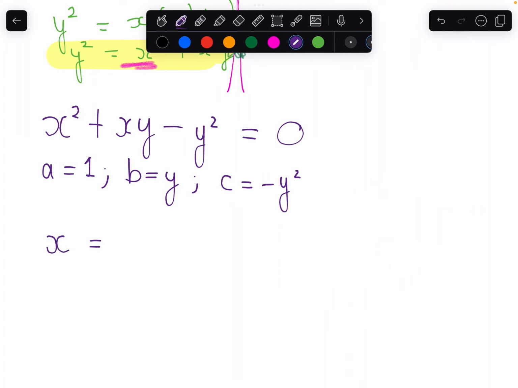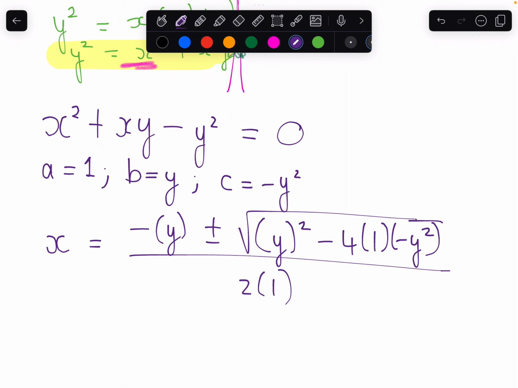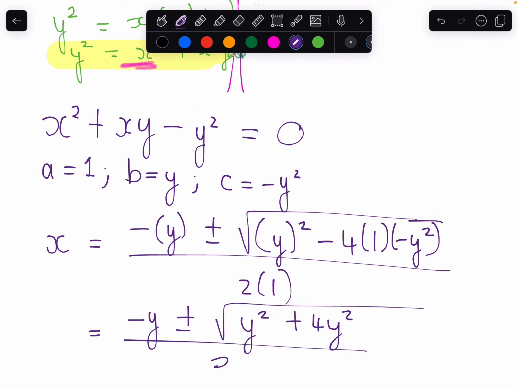Very decent. So we've got negative y plus or minus the square root of y squared minus 4ac, divided by 2 times 1. So that becomes minus y plus or minus the square root of y squared plus 4y squared. Ooh, this is already looking very nice.